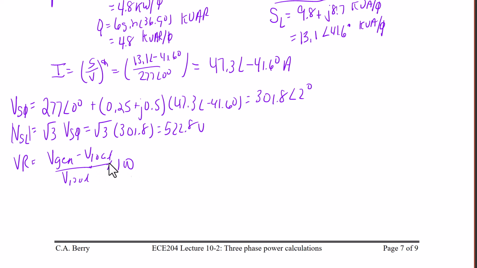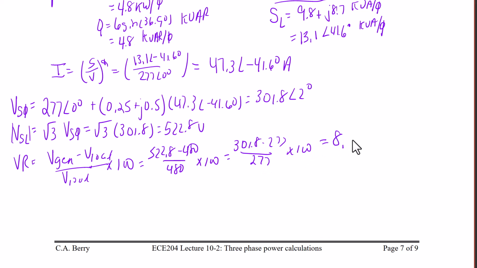And you can do this with either the phase voltages or the line voltages and get the same answer. So you could do 522.8 minus 480 over 480 times 100. Or you could also use 301.8 minus 277 over 277 times 100. And both answers would give you 8.9%.